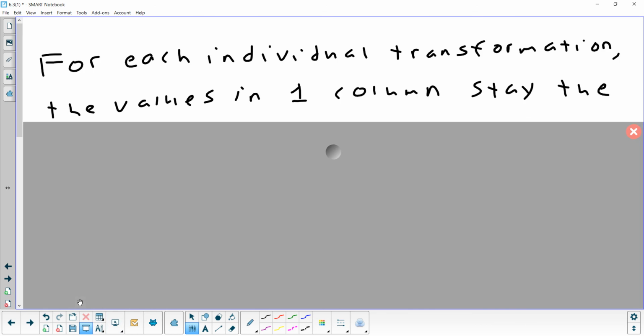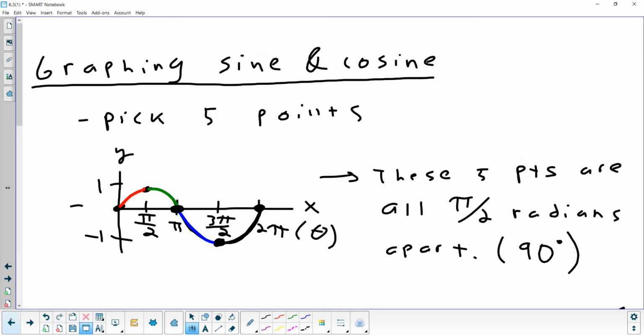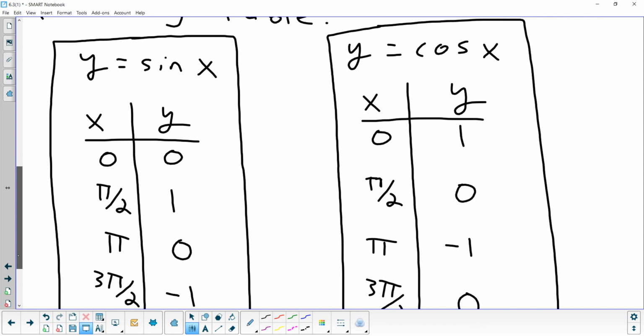So when we do problems that only have individual transformations, let's go back to this table. Let's say I had you take the graph of sine and I said shift it up 2. Do a vertical shift up 2. Which column is affected by doing a vertical shift? The x column or the y column?